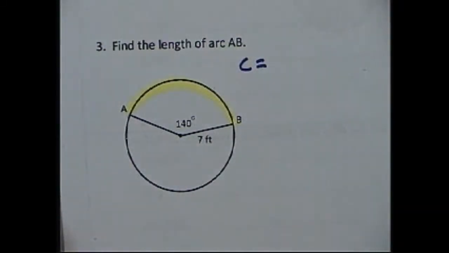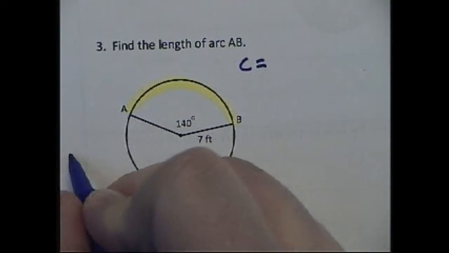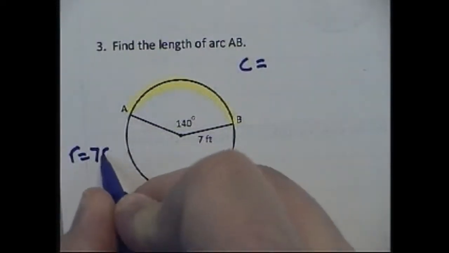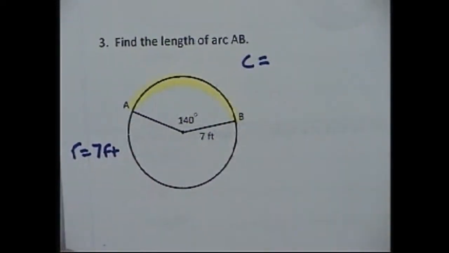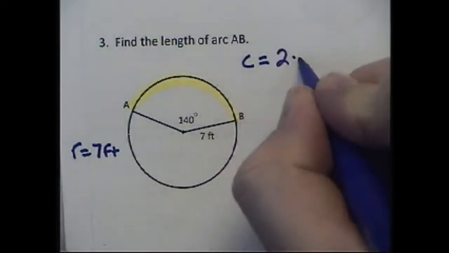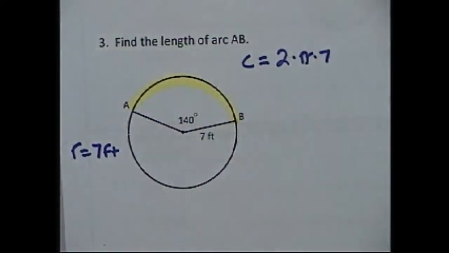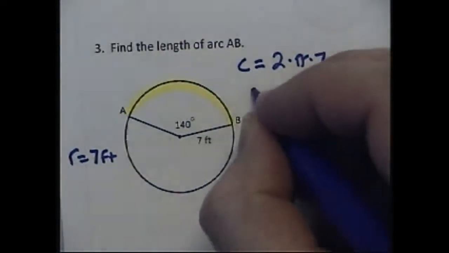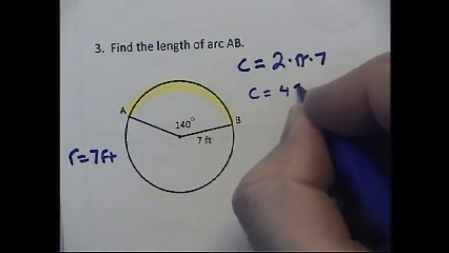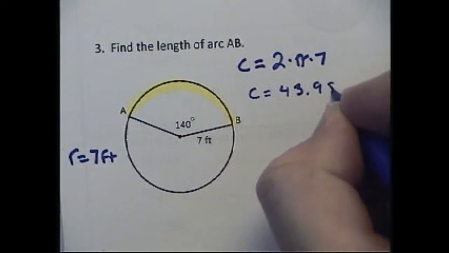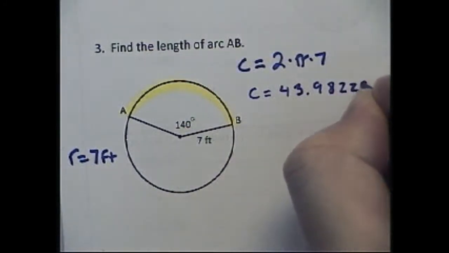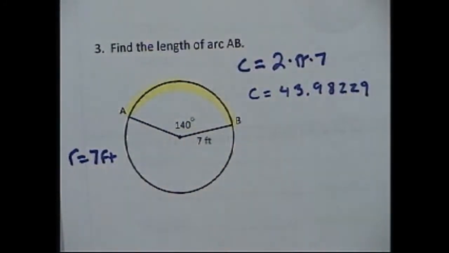Make the decision up front. Do I have a radius or do I have a diameter? It is a radius, so I'm going to put r equals 7 feet. 2 times pi times 7. My circumference, the entire length around, is 43.98229. I'm not going to round that quite yet. That's not my answer. That's just what we're going to use to get to my answer.